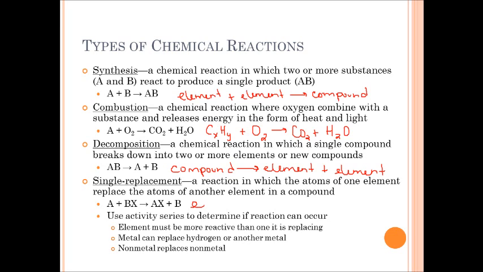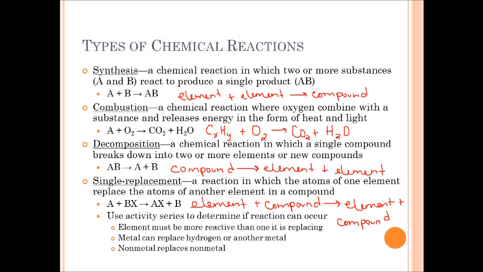That's where you're going to take an element plus a compound, and the element is going to replace one of the elements in the compound. So that will give you another element in the product plus a compound. And to tell whether this reaction will actually occur, you can use what we call an activity series.